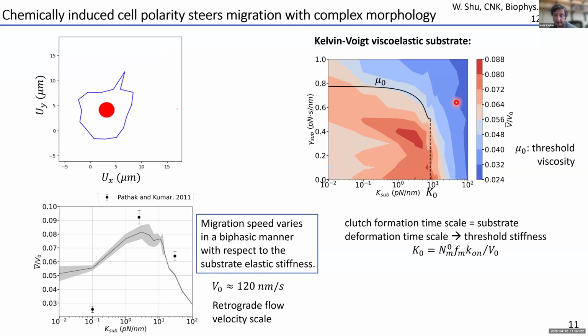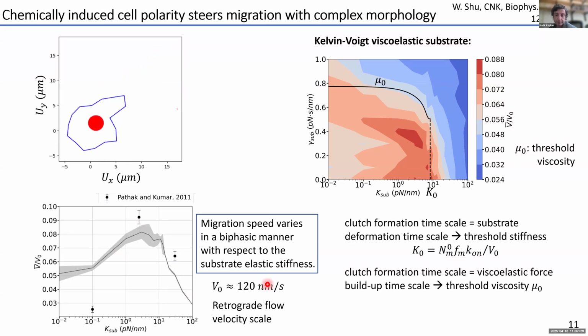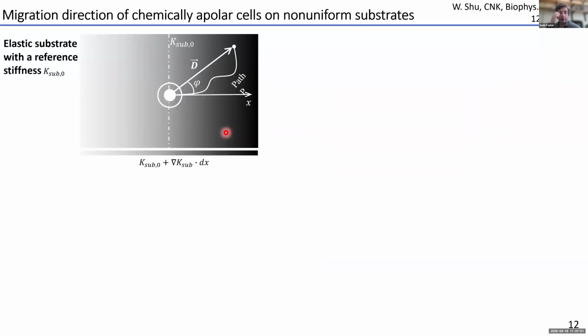And at a stiff substrate, the cell significantly slows down, which explains this behavior here. Likewise, just like we can find a threshold stiffness, we can also find the threshold viscosity by setting the clutch formation time scale equal to the viscoelastic force buildup time scale. That gives us the upper boundary of this high speed region of the cell. So that's one thing: we can understand the biphasic behavior.